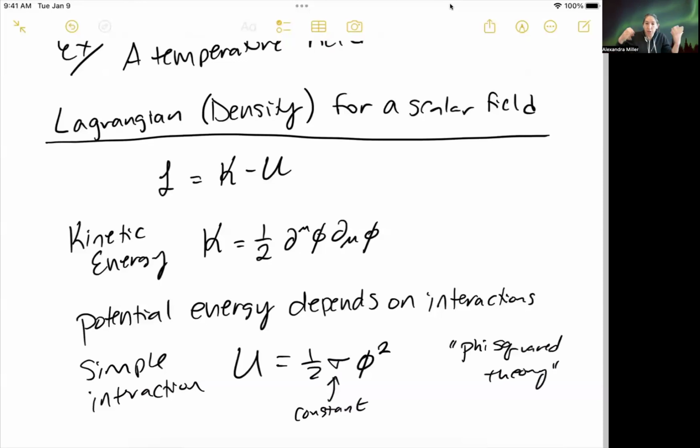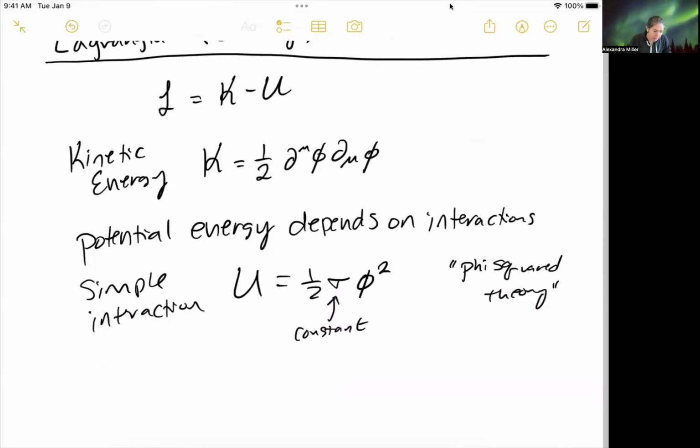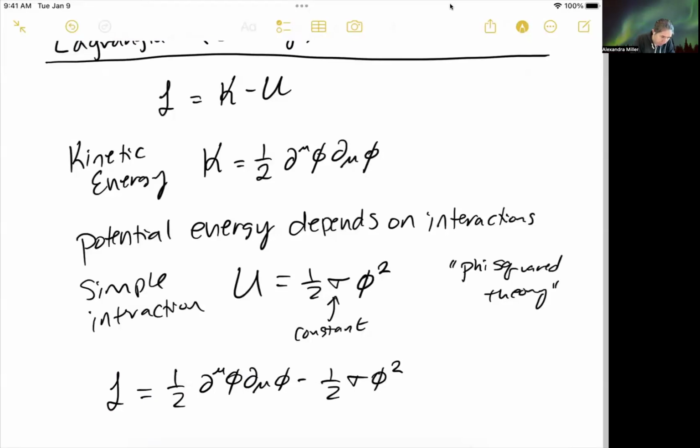We could have more terms like phi cubed or phi to the fourth, and those would just be more complex systems where more interesting things are going on. But this is a term that we could write down that would be our simplest term. And so our Lagrangian density is 1/2 d mu phi d mu phi minus 1/2 sigma phi squared.